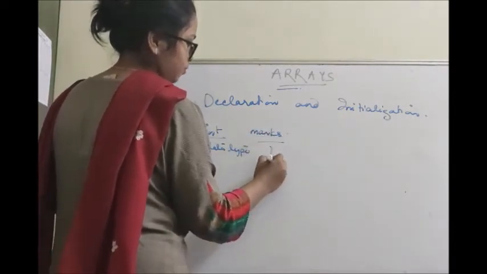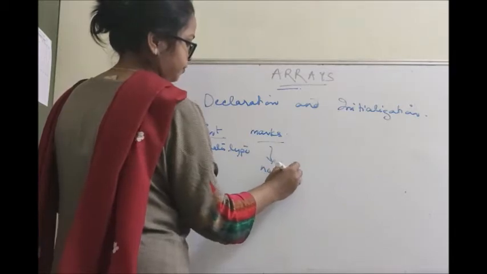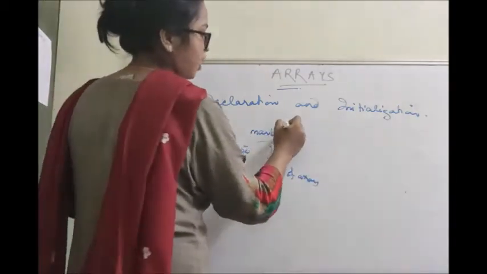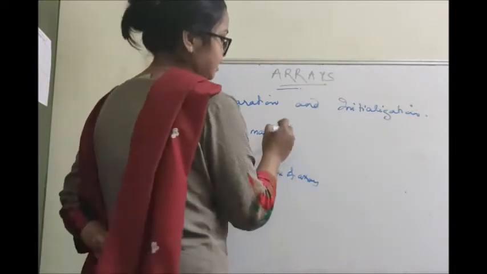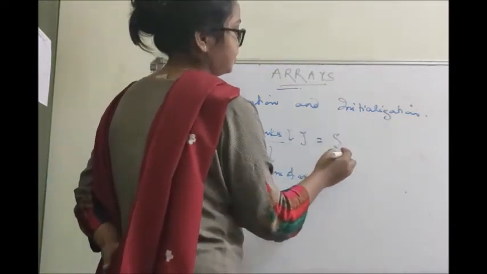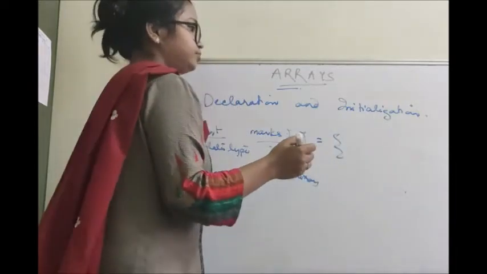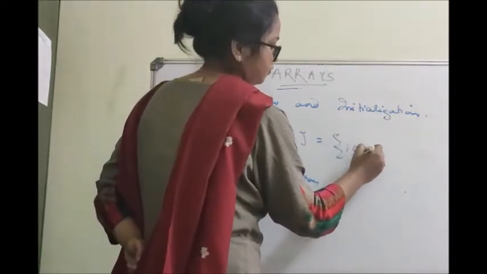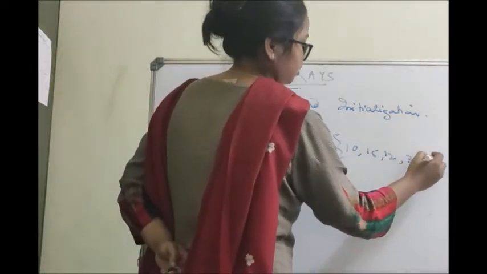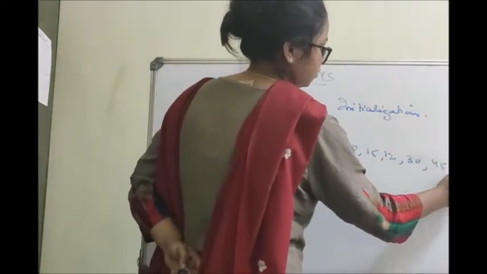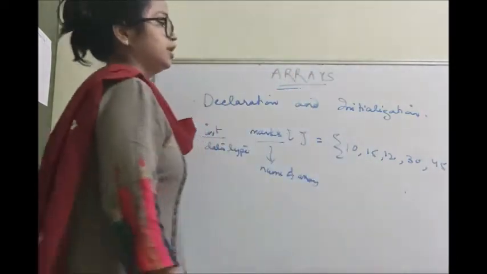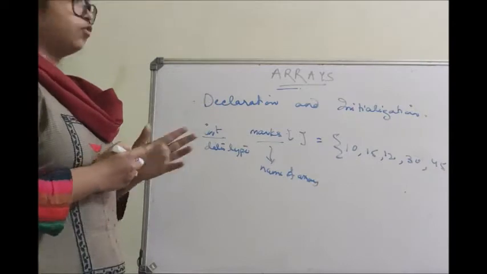This is the name of the array. Suppose I am not giving size, I will simply say 10, 15, 12, 30, 45. So this is how we initialize an array. This is one way of doing so.